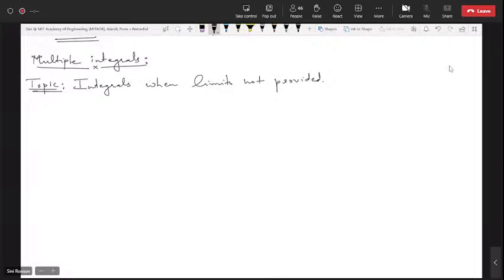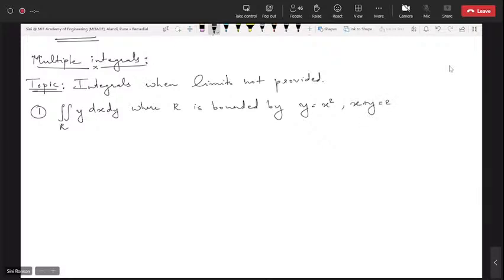So suppose I am taking one question, that is double integrate y dx dy over a region R, where R is bounded by y equal to x squared, x plus y equal to 2, and x equal to 0 in the first quadrant.